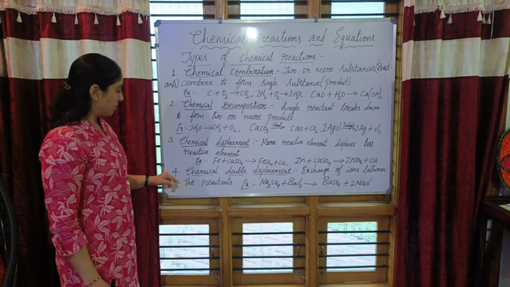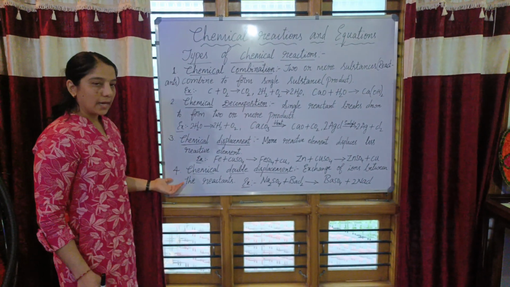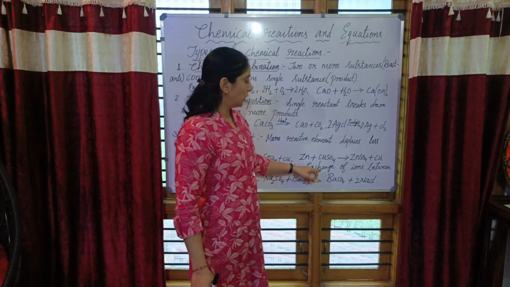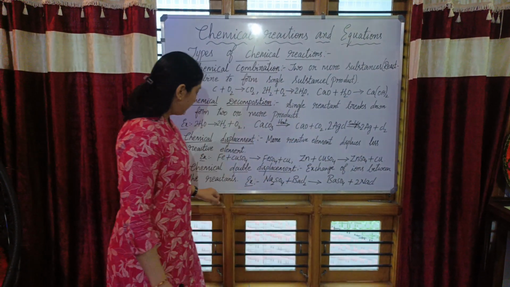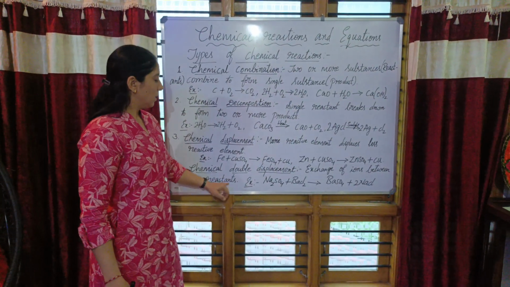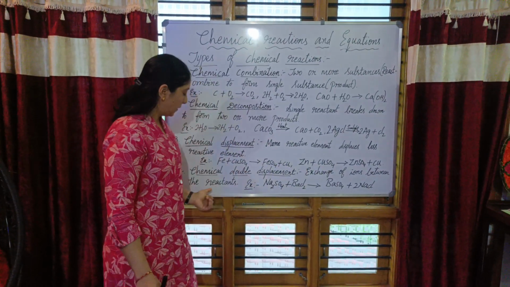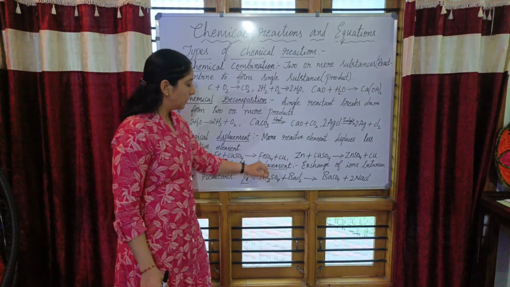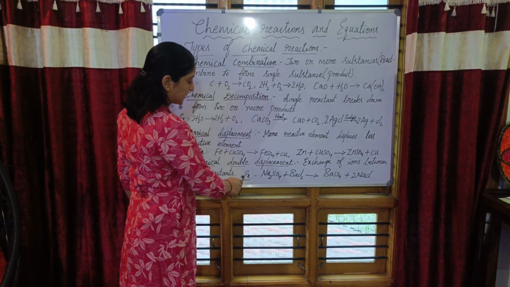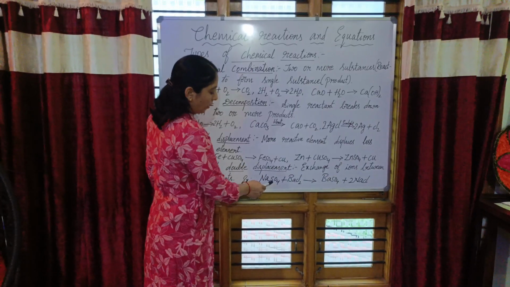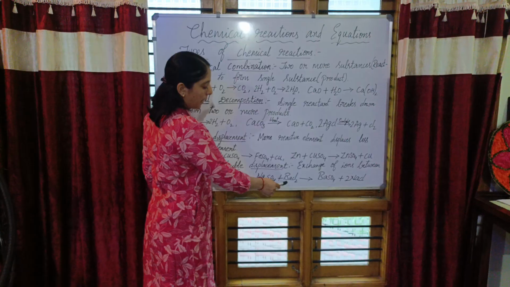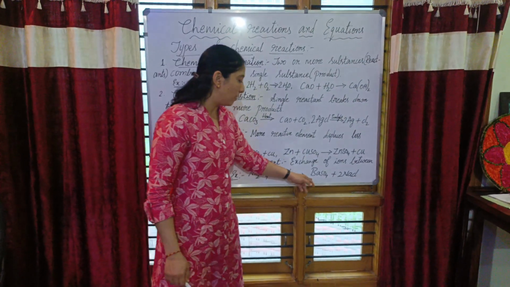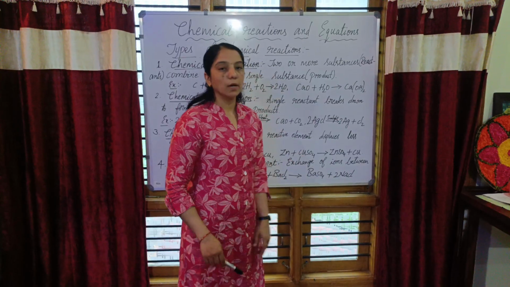And the next type, that is chemical double displacement. Exchange of ions between the reactants, we call it a chemical double displacement. For example, sodium sulfate, when it reacts with barium chloride, forms barium sulfate and sodium chloride.